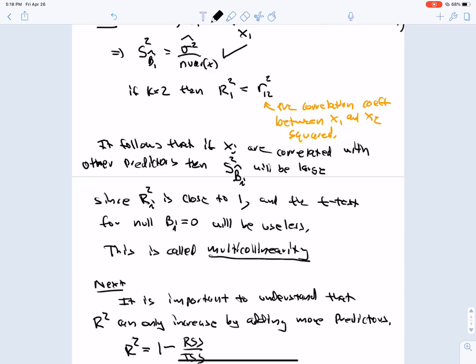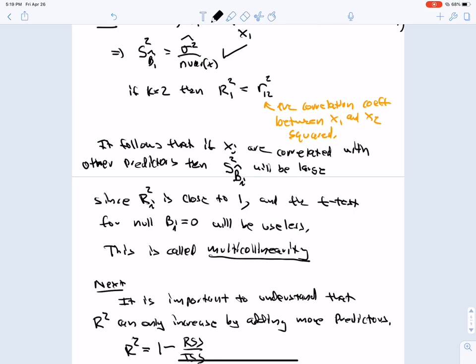Furthermore, since the standard error is in the denominator of the t-statistic, your t-statistic will be very small, and it'll be very difficult to reject the null. So this will make the t-test for the null that beta i is 0 useless. This is called multicollinearity.